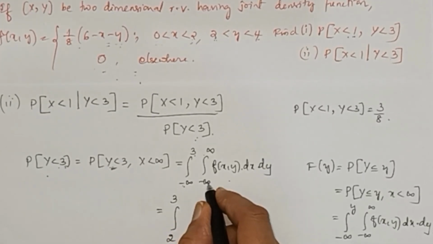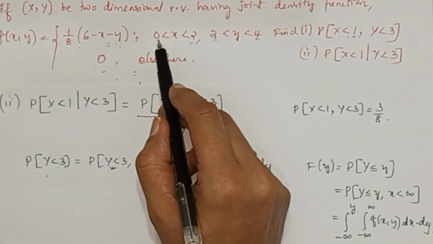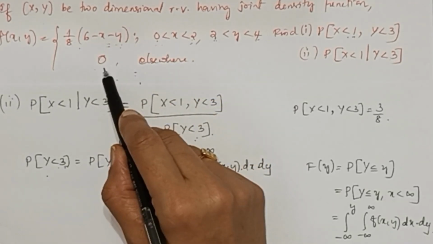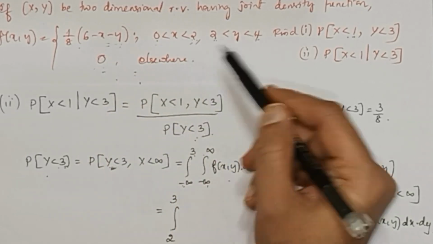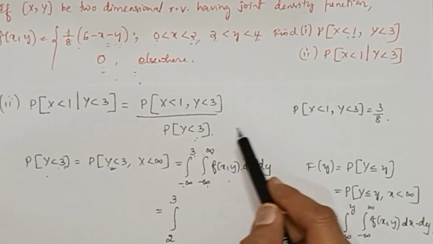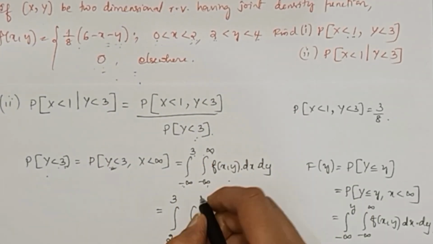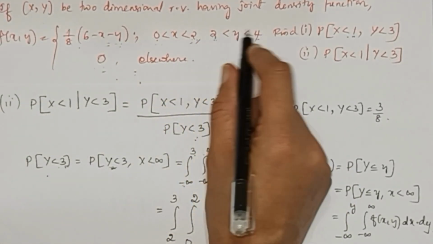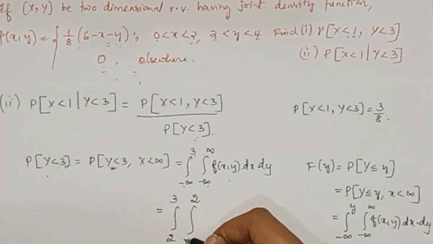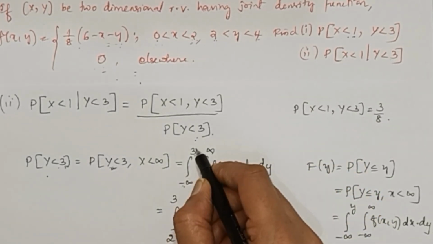Then for x, from minus infinity to 0, the function is 0. Then 0 to 2, the function is this. Then 2 to plus infinity, the function is 0. Therefore you will just have 0 to 2. So you can't directly take these limits into the integral. You have to check the condition. Here it is up to 3.